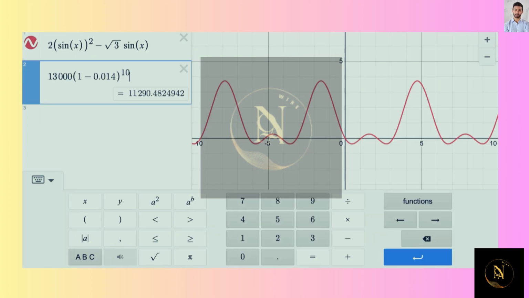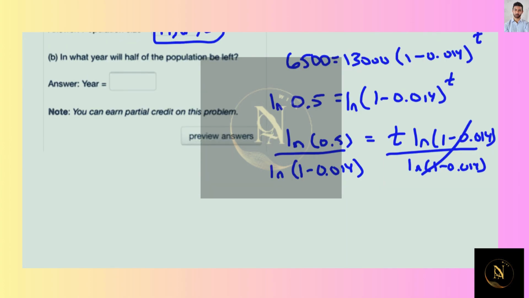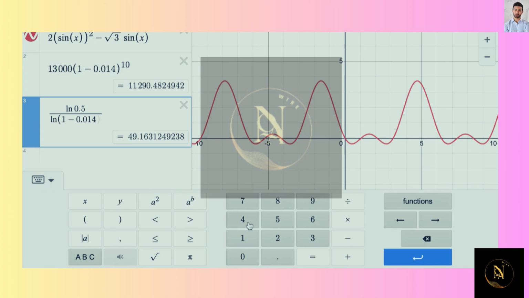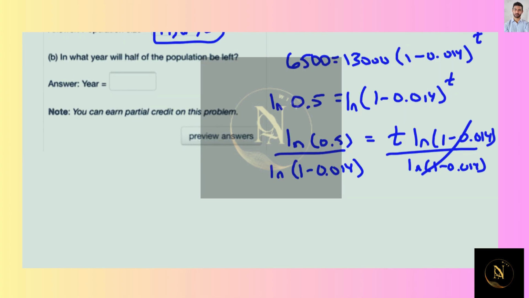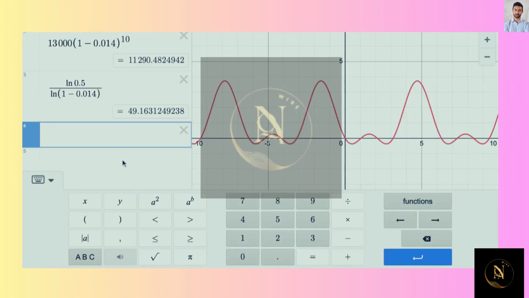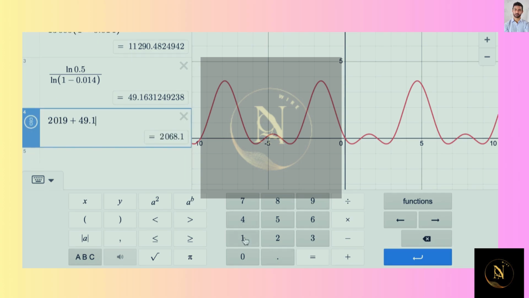So natural log of 0.5 divided by the natural log of 1 minus 0.014. And if this comes off of the year 2019, then we would just add 49.1 years to it, and it would be in the year 2068.